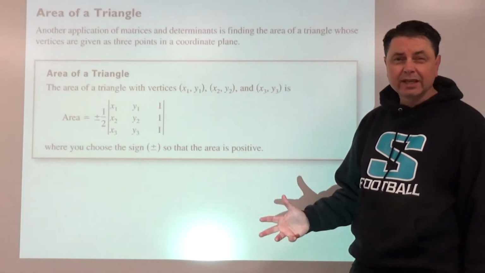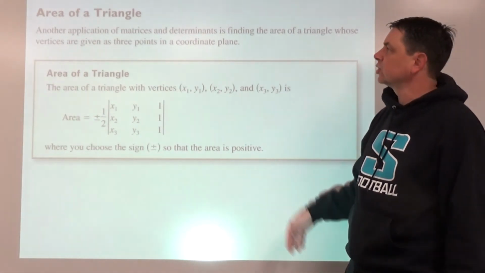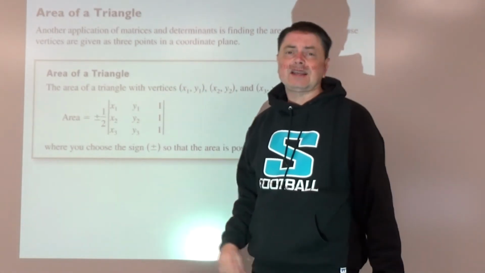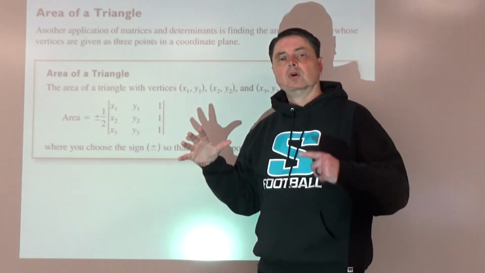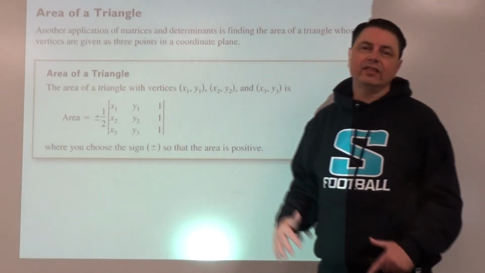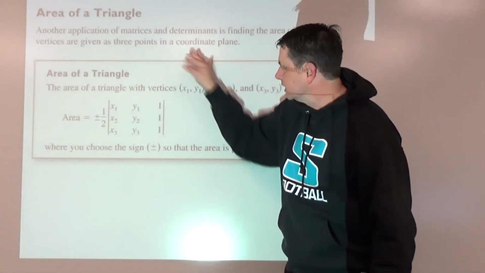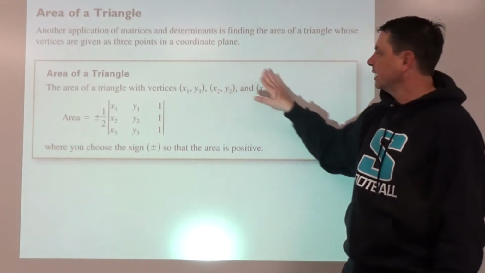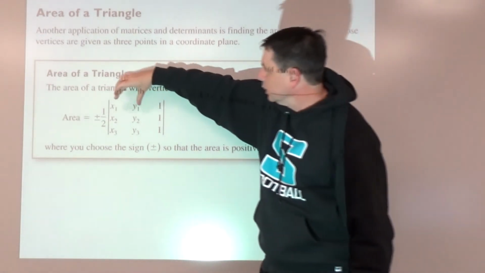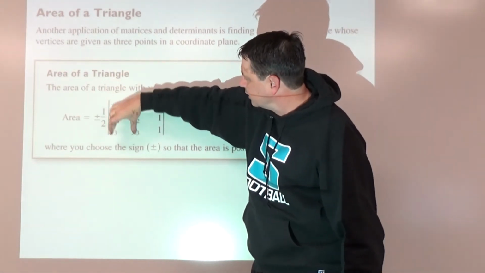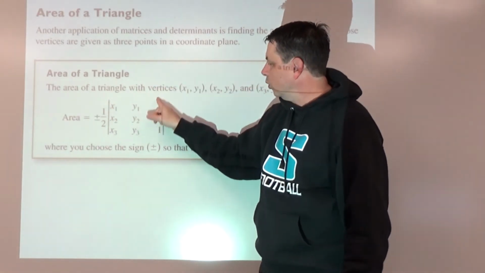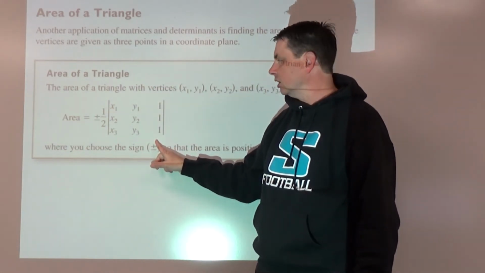Another application of matrices and determinants is to find the area of a triangle where we know the vertices in the coordinate plane. If we know the 3 coordinates, we list those side by side, here, here, and here, with 1s for the third column.